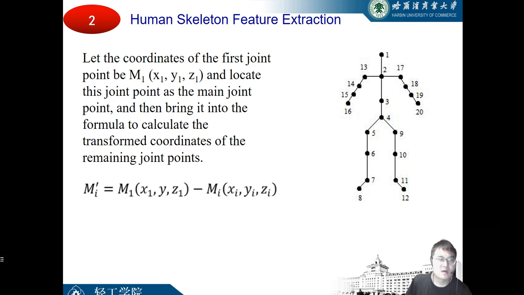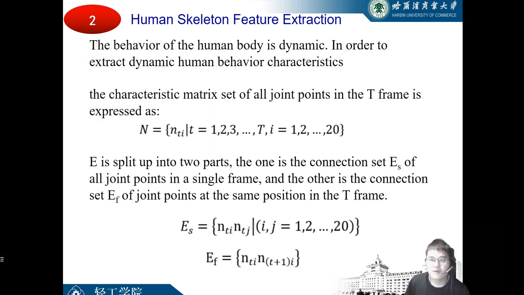Let the coordinates of the first joint point be M1 and locate this joint point as the main joint point, and then bring to the formula to calculate the transformer the coordinates of the remaining joint points.